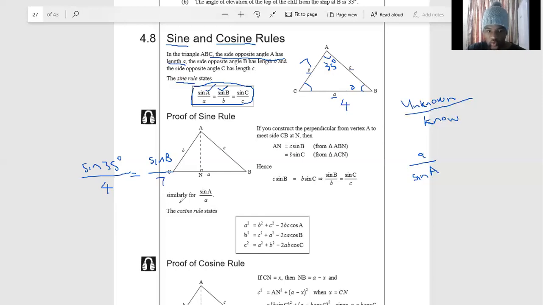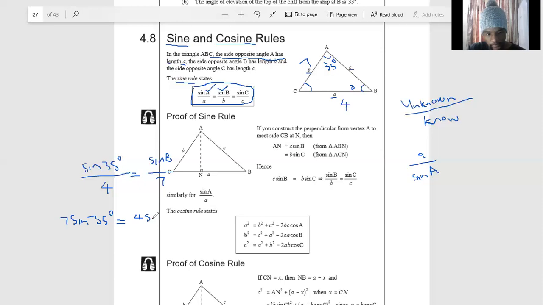Then from here, you cross multiply. 7 multiplied by sine 35, and 4 multiplied by sine B. Your calculator will give you an answer for sine 35 multiplied by 7. Sorry for my handwriting.